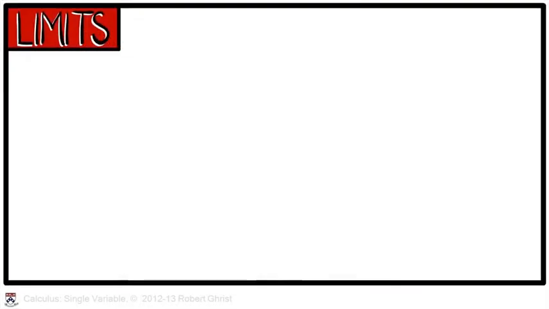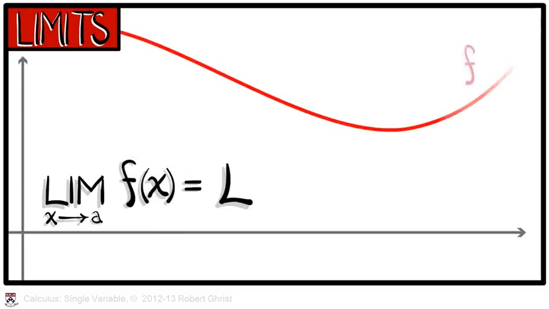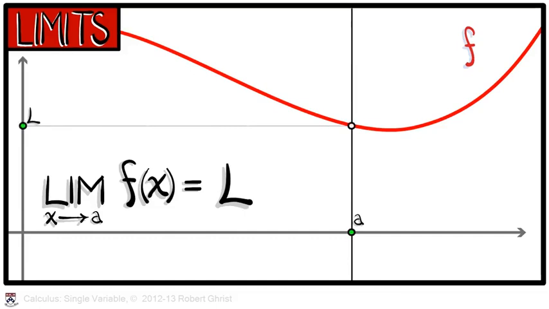In your previous exposure to calculus, you have certainly seen limits. But what does it mean to say the limit as x approaches a of f of x equals L? Well, I'm sure you have an image in your head that as x gets closer and closer to a, f of x gets closer and closer to L. Perhaps you remember that it doesn't matter whether you approach from the left or from the right.